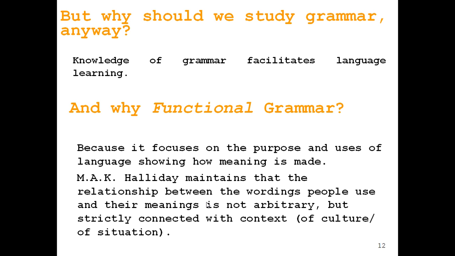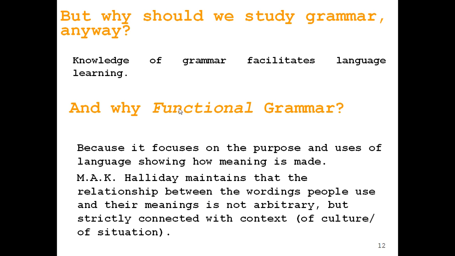So it doesn't ask you to learn lots and lots of rules and lists of words by heart. It asks you to think of what you mean. And it also promotes your capacity to learn how to express meaning in different ways depending on the context. So that's the reason why we chose functional grammar over other approaches that are common currency, for example, in high schools.